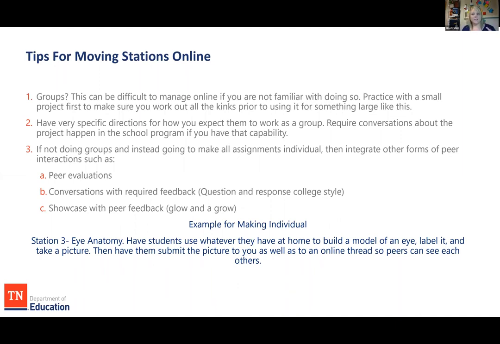So it doesn't have to be craft specific material. Give them the ability to take that picture and share it on the classroom, and then use it as a conversation. Tell everybody they've got to comment on 2 of their peers' models that they made. So it's a different way to do it, but it still gets it done.